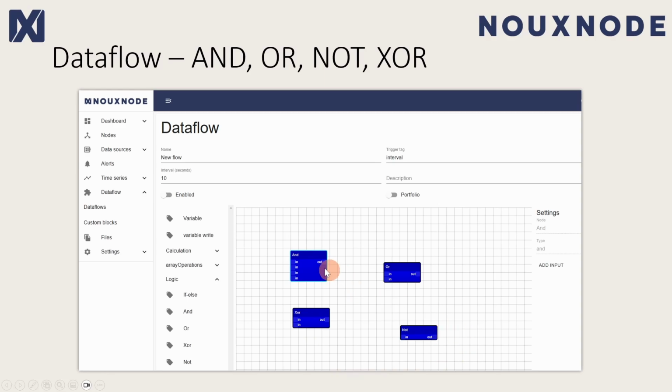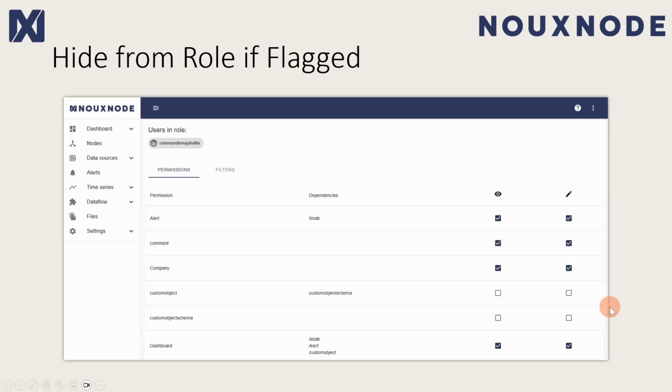With this AND, by default it has two inputs, but by clicking here I can add more, so I have added four inputs to the AND block. So these are now supported by default, which is nice, because previously, especially with multiple inputs, you needed to use the custom block to create this kind of thing. Okay, that is there now.